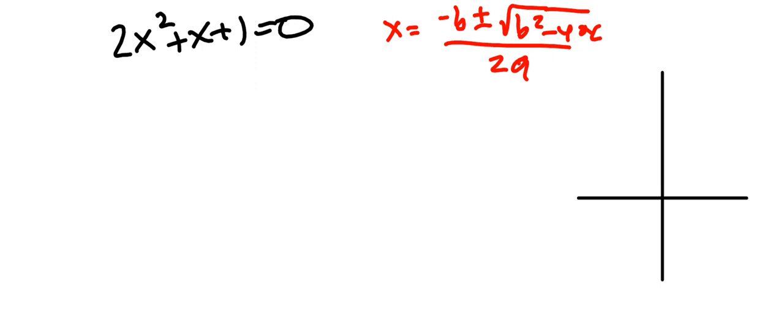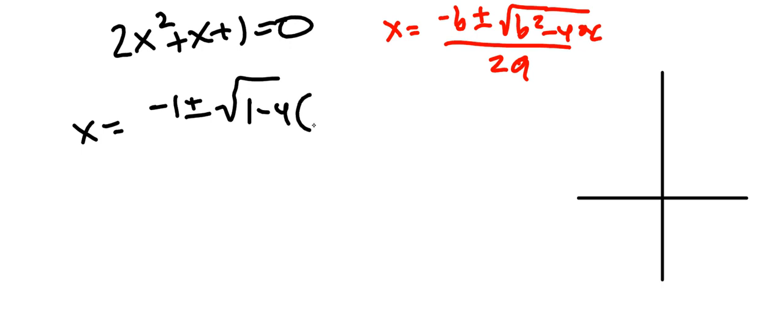So let's plug it in. So x is going to equal negative b. b is 1. So we have negative 1 plus or minus the square root of b squared. Well, b is 1, so 1 squared is 1, minus 4 times a, which is 2, times c, which is 1, over 2 times a. a is 2, 2 times 2 is 4.